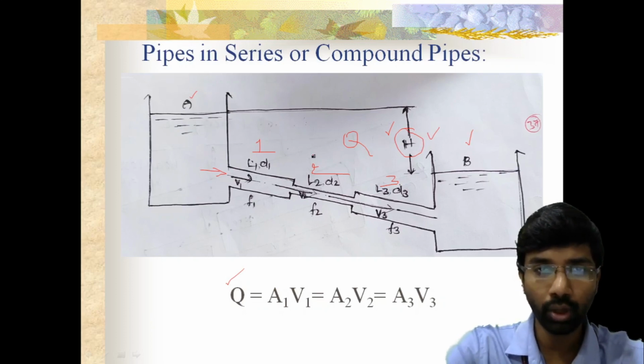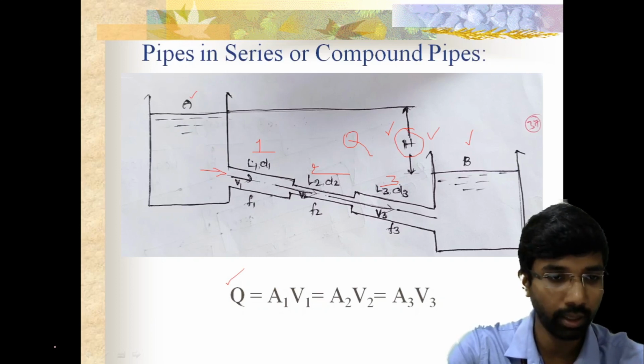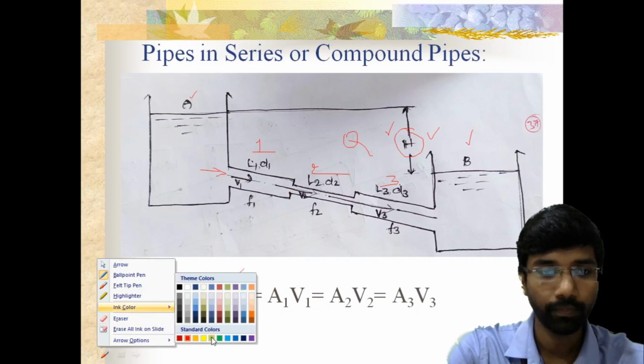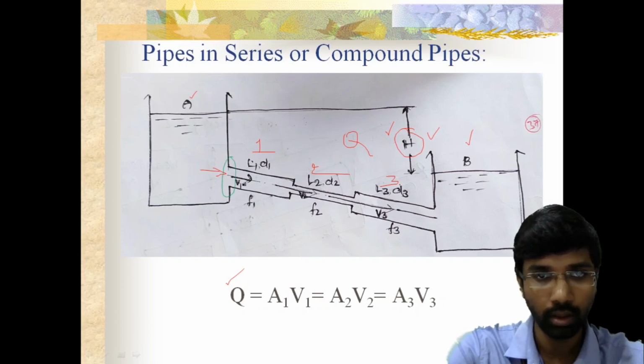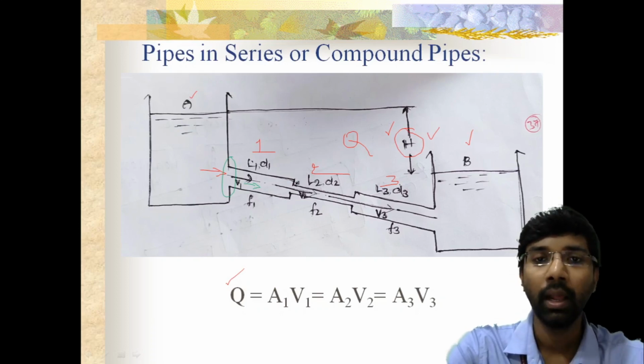Now if you observe carefully, at this particular point, I'll show it in another color, this is an entry point, so you'll have entry loss here. The water flows for a certain distance, and you'll have friction loss.